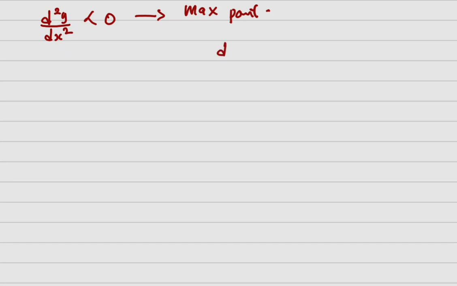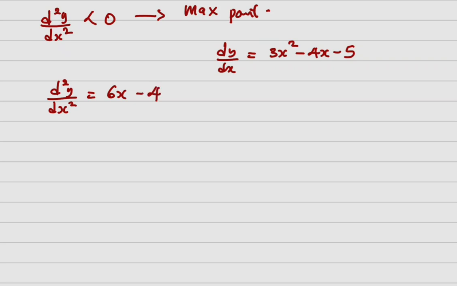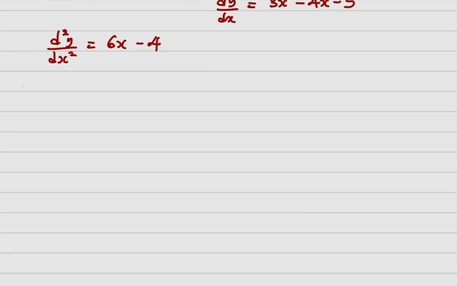But remember, dy by dx, we found it is 3x squared minus 4x minus 5. All right, so the second differential, d squared y by dx squared, will give us 6x minus 4. So all we need to do is to test.